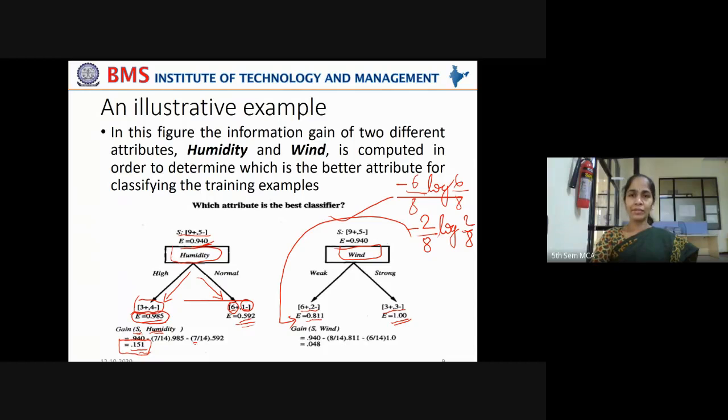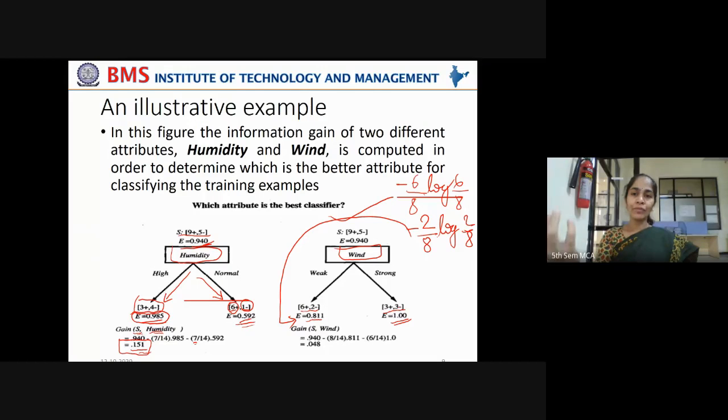When you have all positive training examples and no negative examples, the entropy is 0. But when you have equal numbers of positive and negative training examples, the entropy value is 1. Got it?